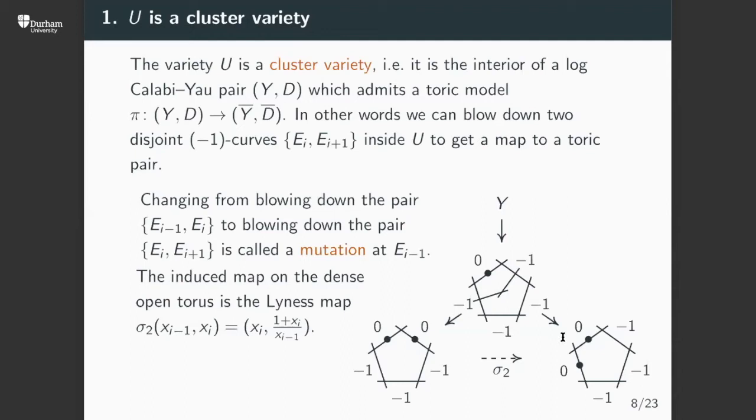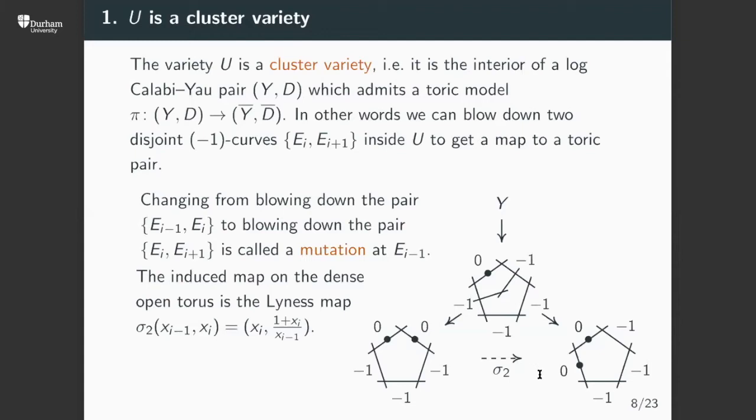And if I change from one to the other, that corresponds to applying this Lyness map sigma. If you're more familiar with the theory of seeds and mutations in cluster algebras, really I'm thinking here of the divisors inside this cluster variety, the things that are being contracted when I go to this toric variety, as the elements forming my seed, and the mutation is the map that takes one of them and replaces it with another.